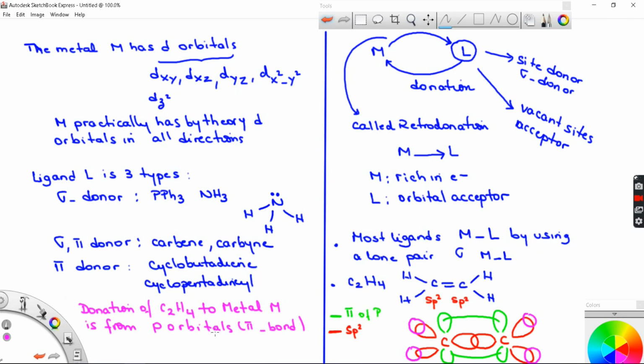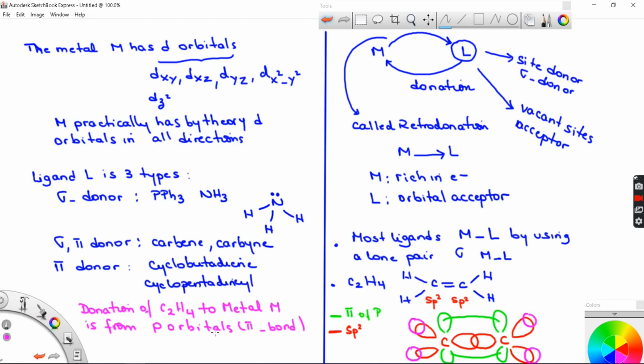So pay attention, the donation is from the pi bond of C2H4, but this donation from C2H4 to M depends on the nature of the orbital of M. If the donation is along the axis, the bond M-L is a sigma bond.